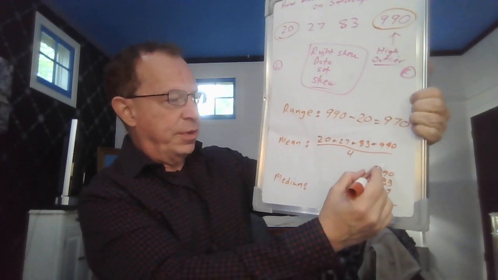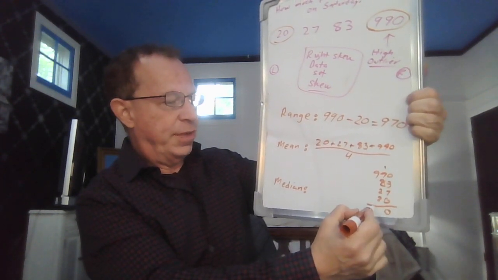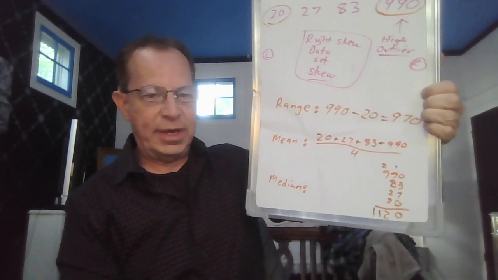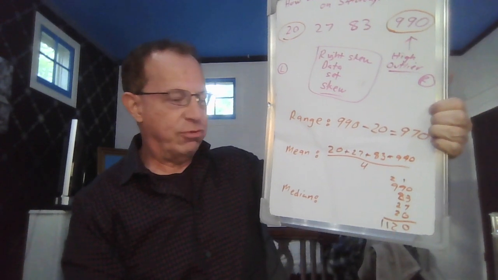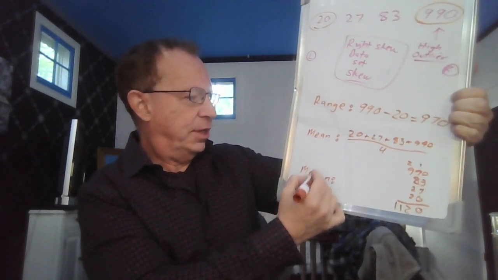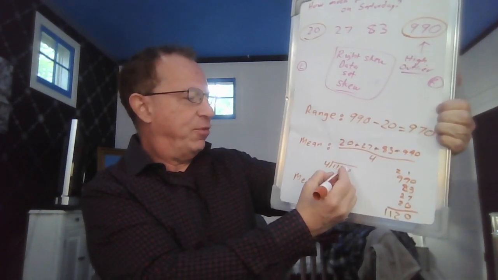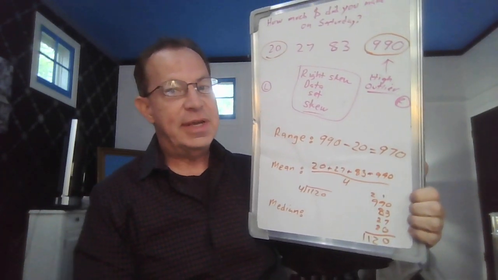We have a 0 with a carry of 1, that's 10, 20, and an extra 2, so that's 22 with a carry of 2, 1120. So that's the total here, and we want to take that value of 1120 and divide it by 4. So I'll just do that little calculation right over here. We have 4 into 1120. By the way, if you have a calculator and you're allowed to use your calculator, that's always easier.